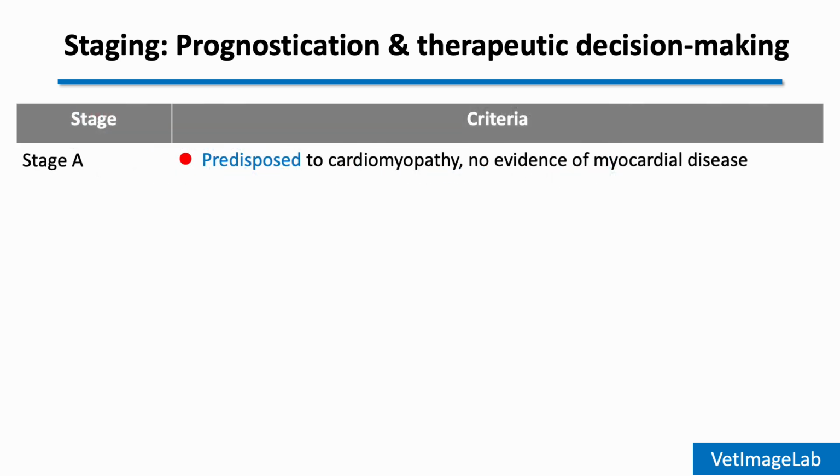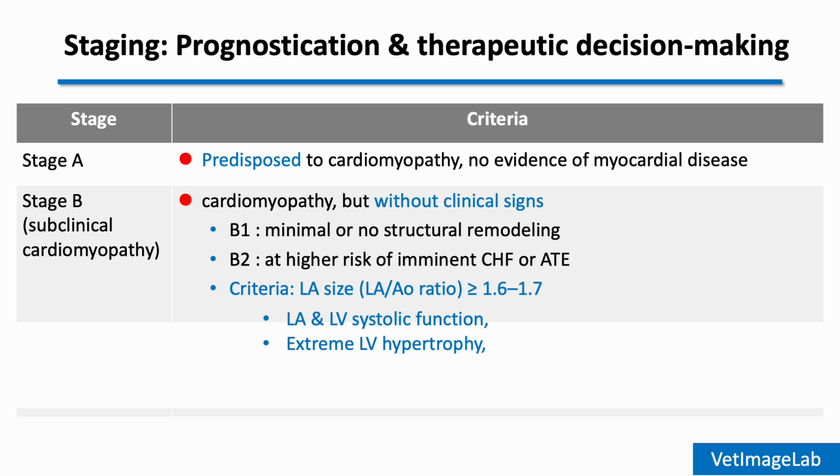The staging system is divided into 4 stages, based on clinical signs and structural remodeling. Stage A refers to cats that have genetic predisposition, but no current echocardiographic abnormalities of myocardial disease. Stage B represents cats with confirmed cardiomyopathy, but no clinical signs. This is further subdivided into Stage B1 and B2 based on the presence of cardiac remodeling.